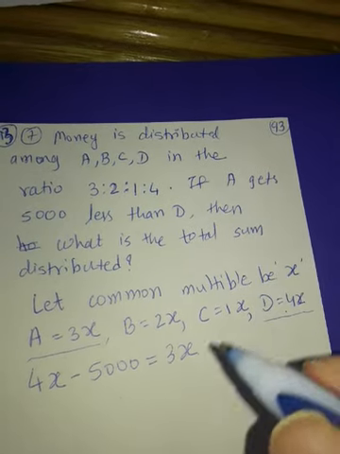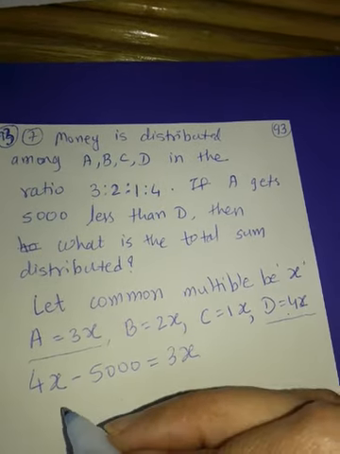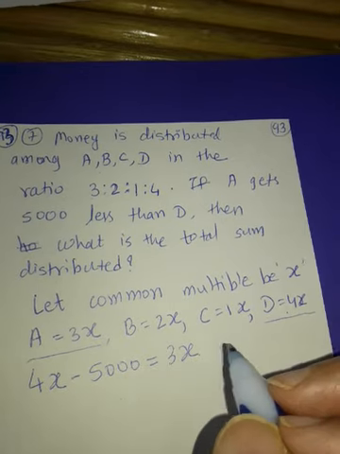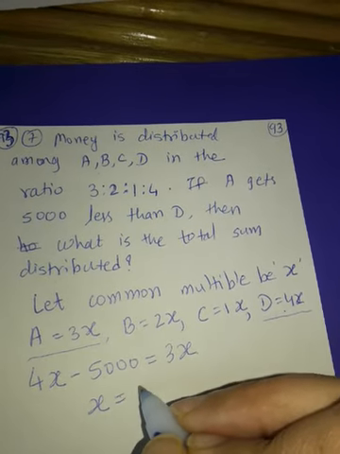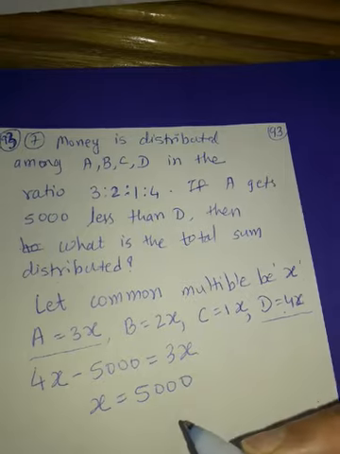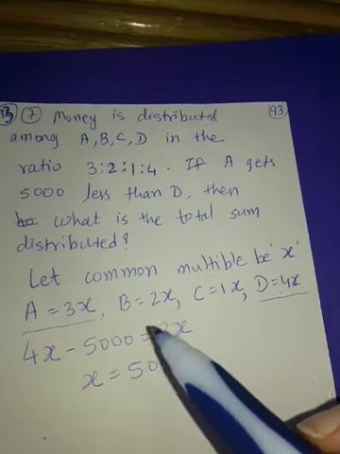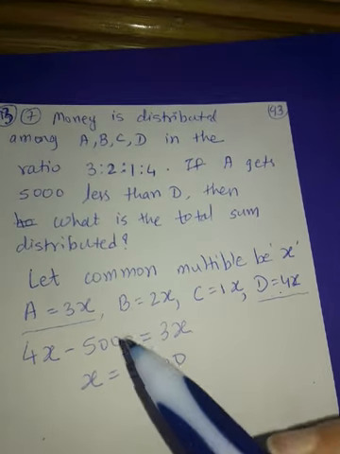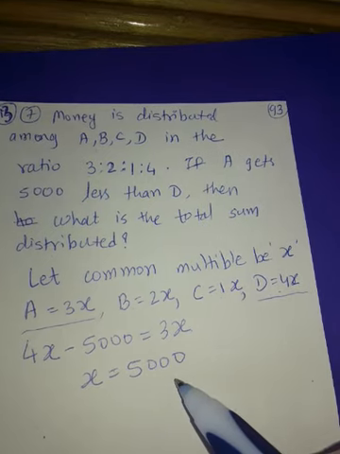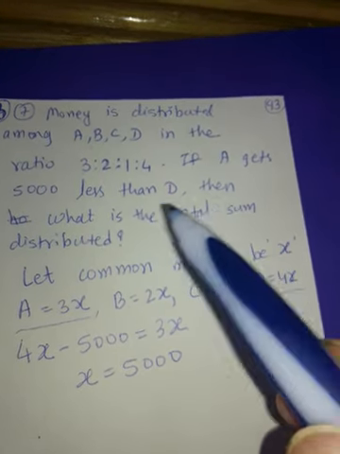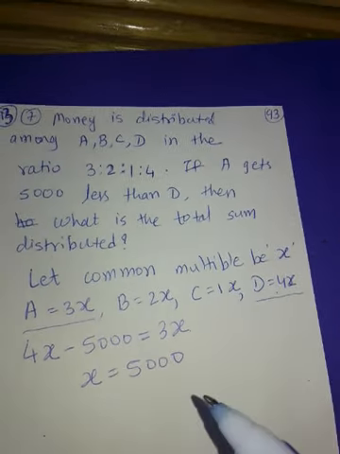That relation is given to us. If I solve this, 3x will come here, 5000 moves there. So x will be 5000. I'm sure all of you know how to solve these simple equations. So x is equal to 5000, and the question is, what is the total sum distributed?